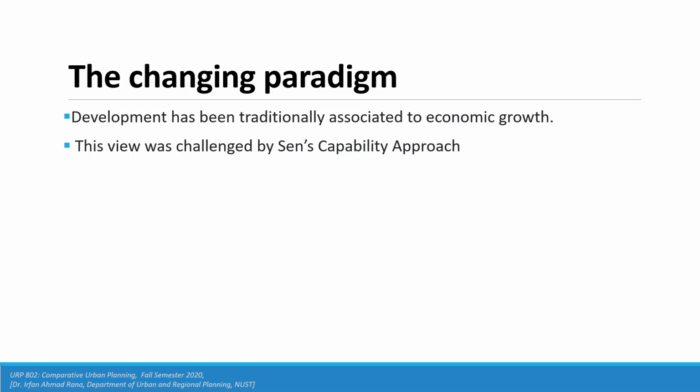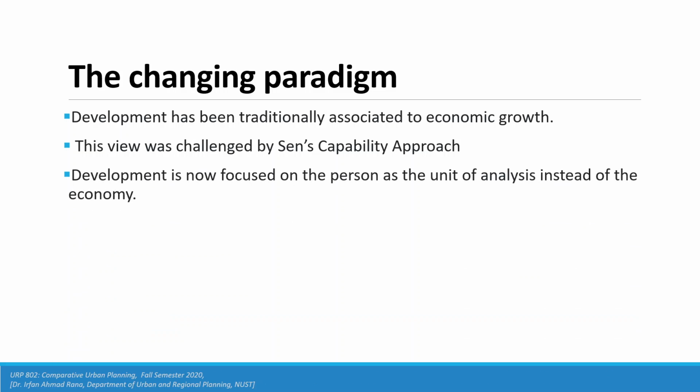But that view was challenged by Amartya Sen, the Nobel laureate, who gave a capability approach in which he emphasized that instead of seeing the economy, you should measure inequality from the person's point of view. So from the human component point of view. What is each person able to do and be?